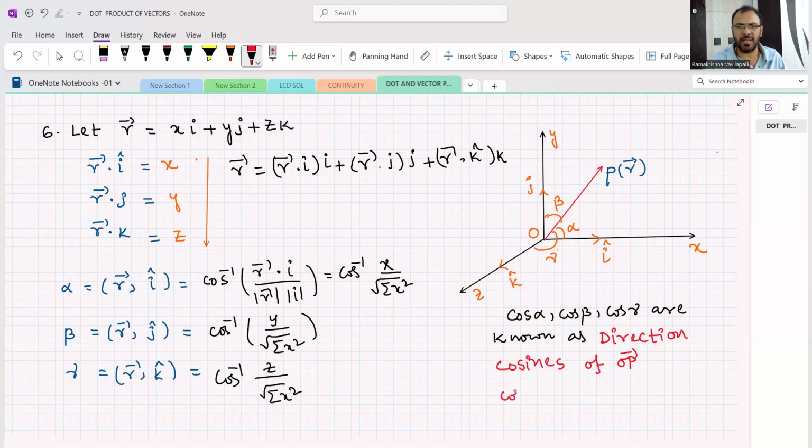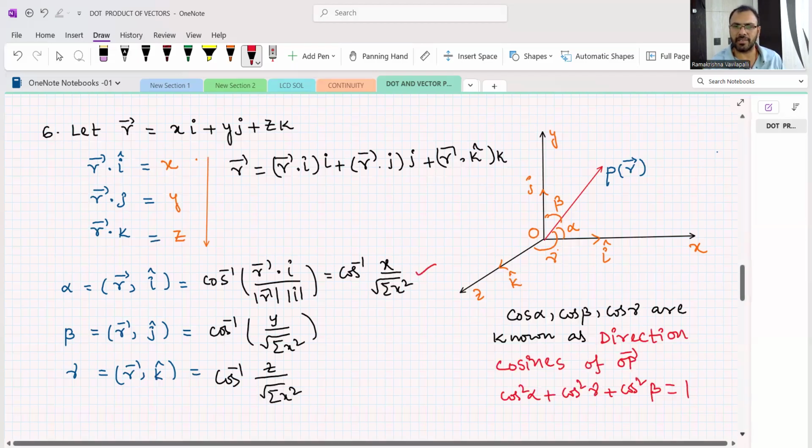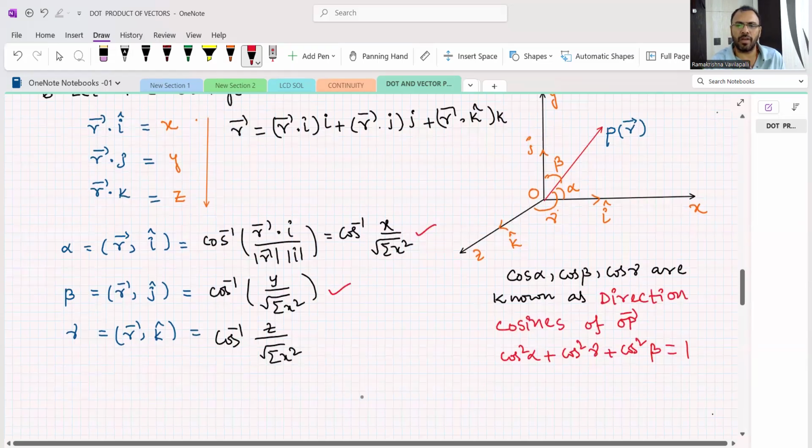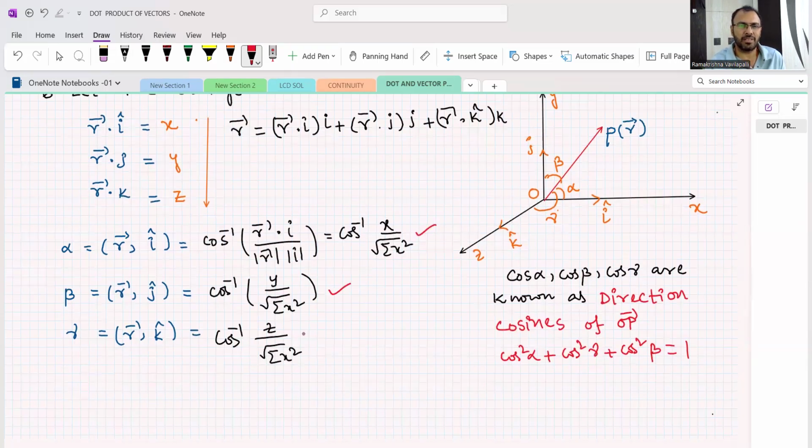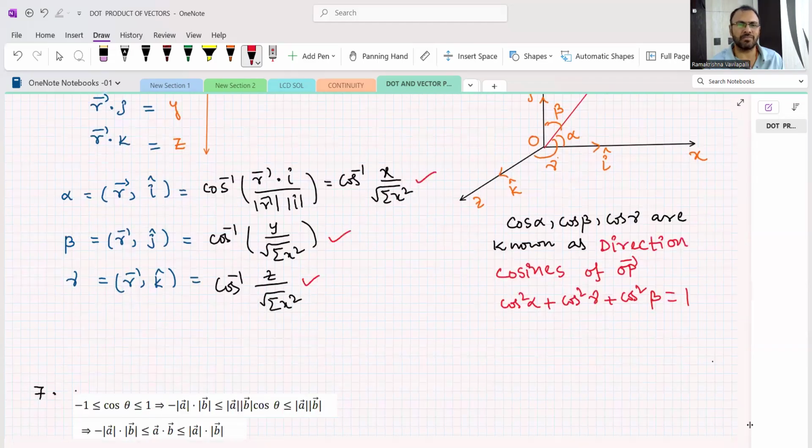And they satisfy cos square alpha plus cos square beta plus cos square gamma equals 1. Here cos alpha is x by root over sigma x square, cos beta is y by root over sigma x square, and cos gamma is z by root over sigma x square. Adding all these, you get cos square alpha plus cos square beta plus cos square gamma equals 1. Cos alpha, cos beta, cos gamma are known as the direction cosines of the vector.